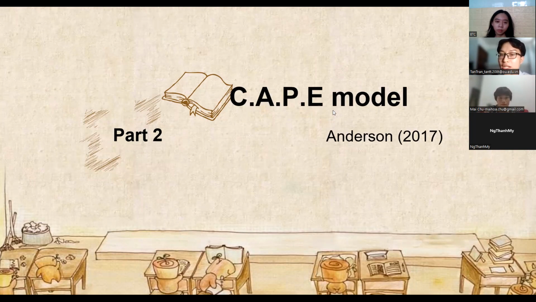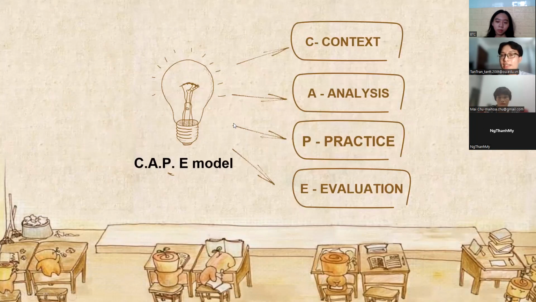The model includes three core stages, CAPE: C is for context, A is analysis, P is practice, and E, the final one, is evaluation. However, the final one is just optional. It's based on our duration or our objectives.